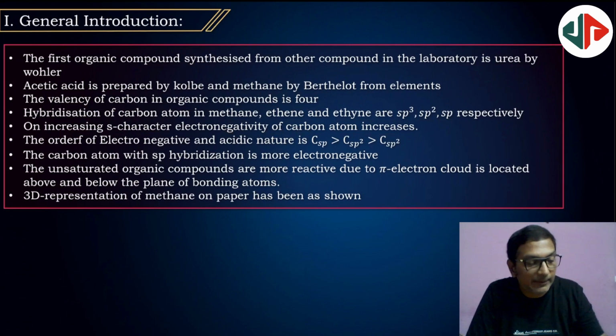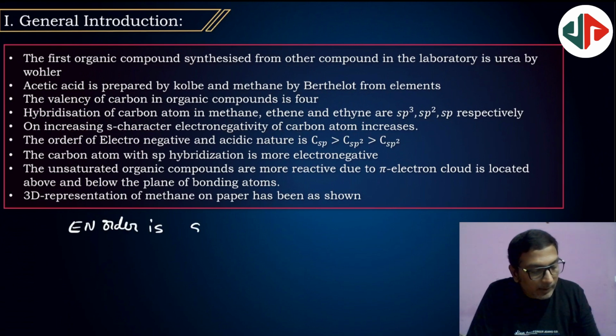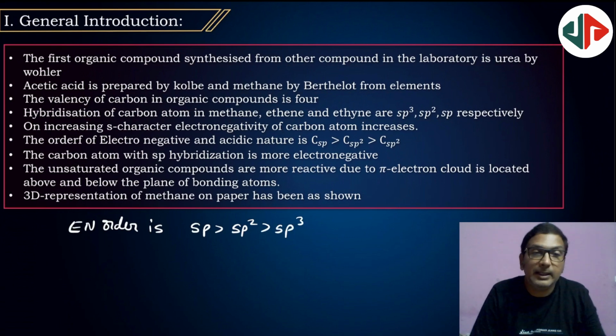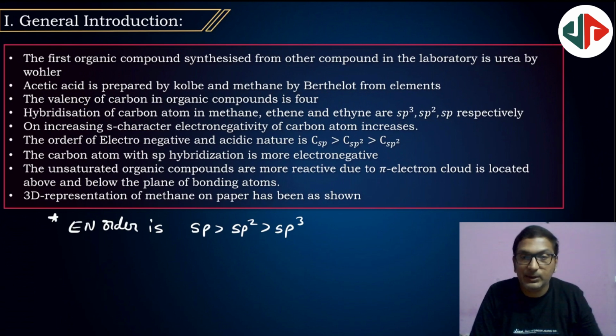Very, very important. So you can write electronegativity order: sp greater than sp2 greater than sp3. As the percentage of s character increases, electronegativity of that carbon also increases.